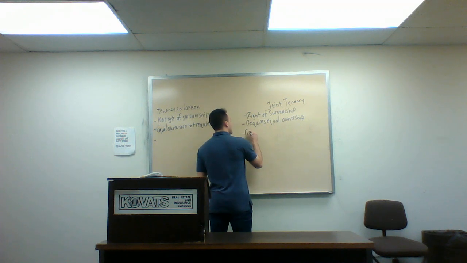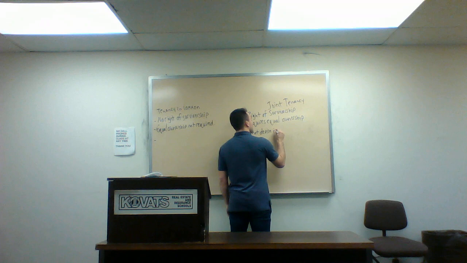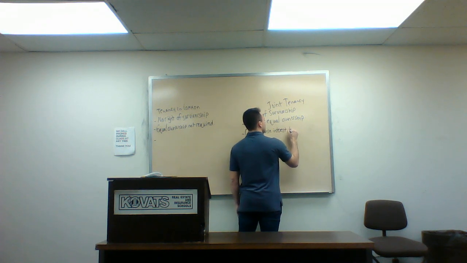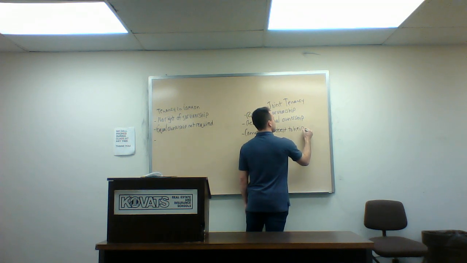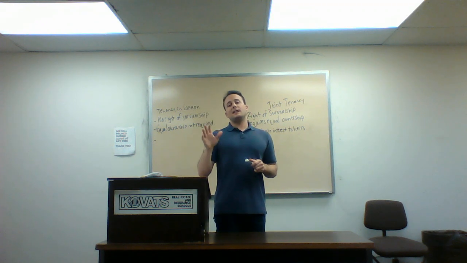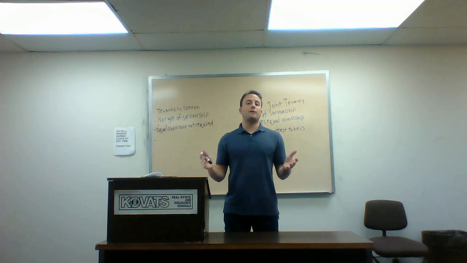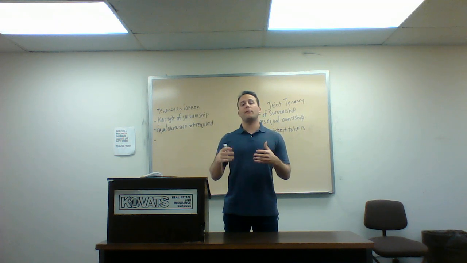So number 3 here, cannot devise interest to heirs. Whereas in a tenancy in common, you can devise your interest to your heirs. Why? There's no right of survivorship. So when I die, I give the property to whoever I want to.